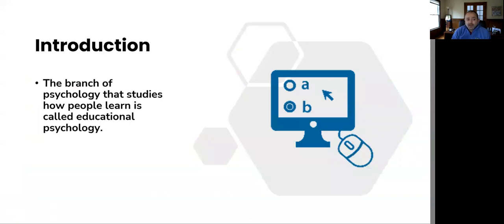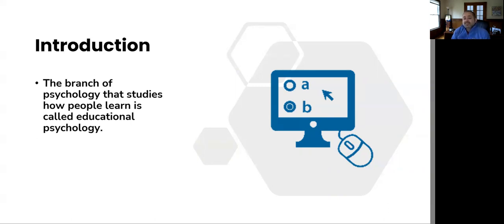The branch of psychology that studies how people learn is called educational psychology. The focus of this branch is to look at topics such as how students are taught, student outcomes, and different ways that students learn, and how students with learning disabilities, and those with high intelligence, can get the most out of their educational instruction.